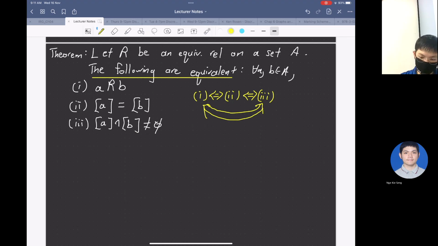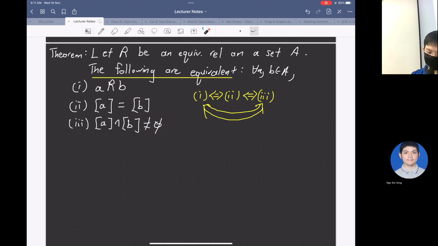When two elements are related, their equivalence class is the same and the intersection is non-empty. By contrapositive, if they are not related, then the intersection will be empty. This is the one we will be using later.